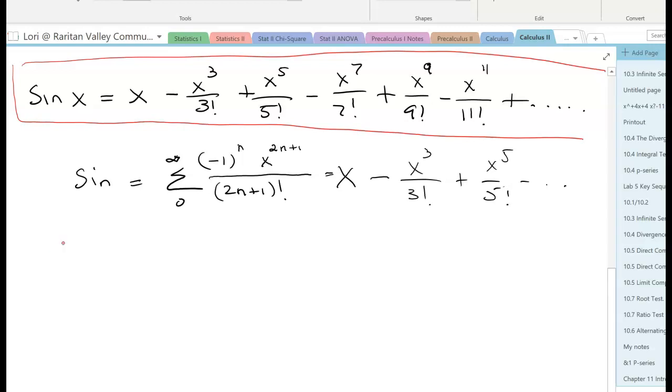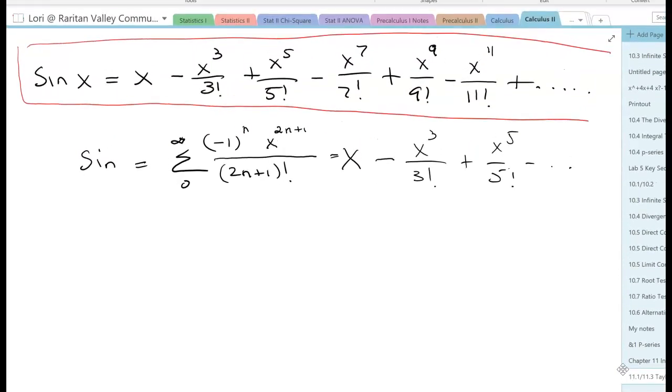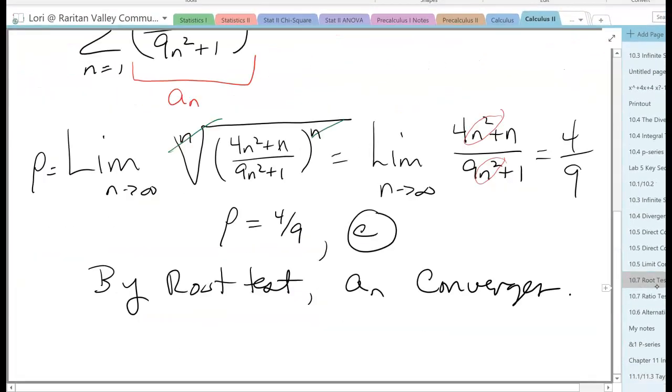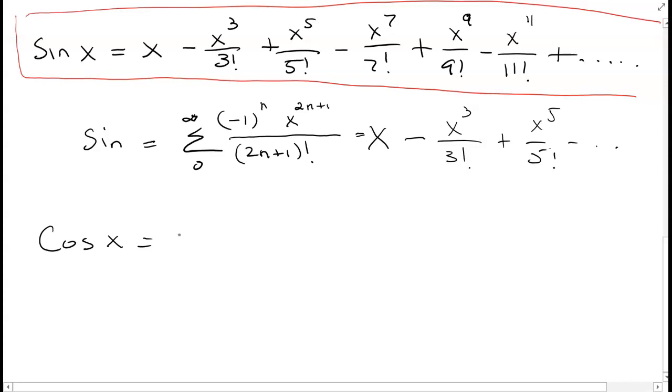So did you play around with your cosine? Your cosine is an even function, right? If you work out your entire cosine function and expand it centered at 0, the 1 is going to remain.